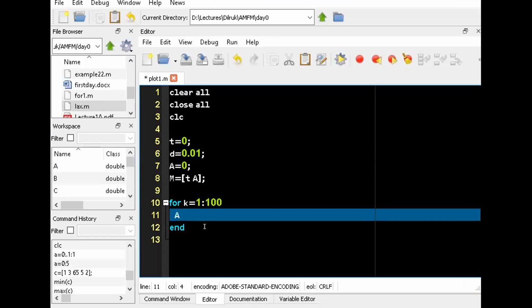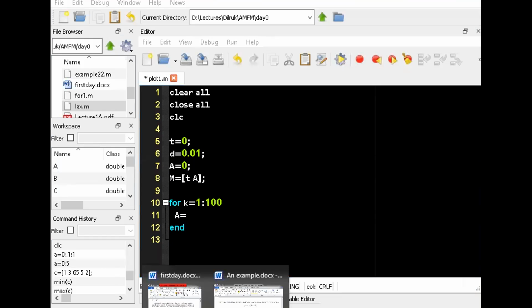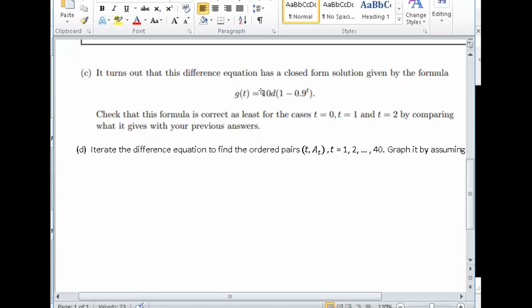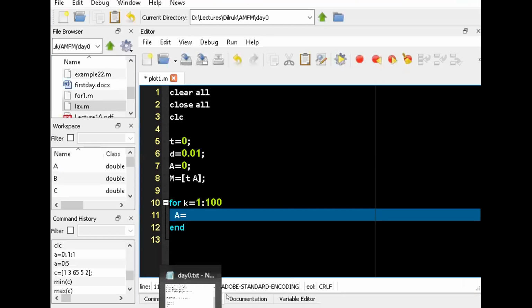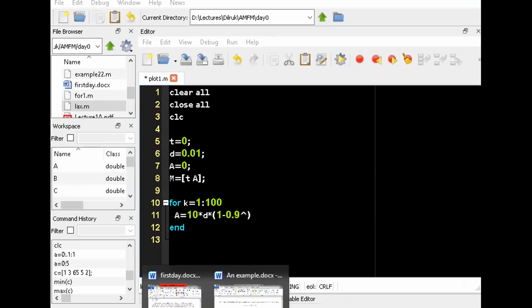The amount should be equal to 10 d, where d is the initial dose, times 1 minus 0.9 to the power t, right?